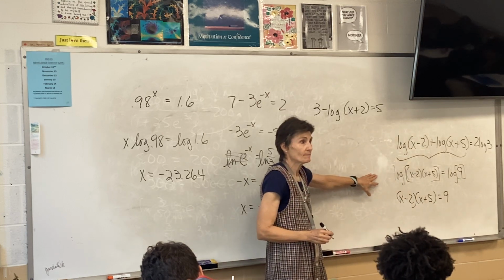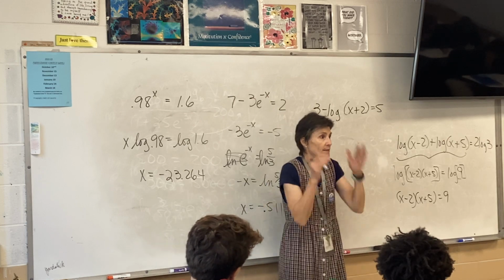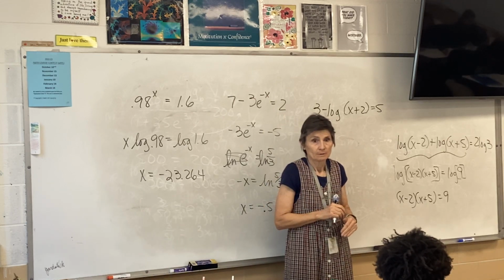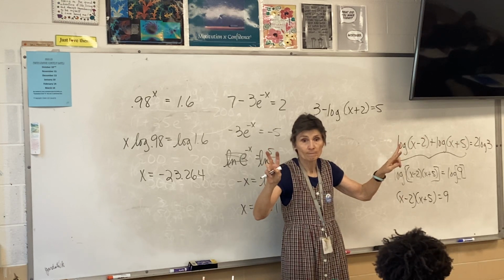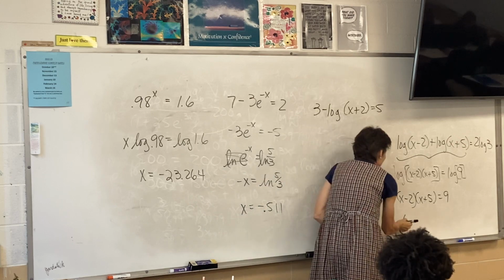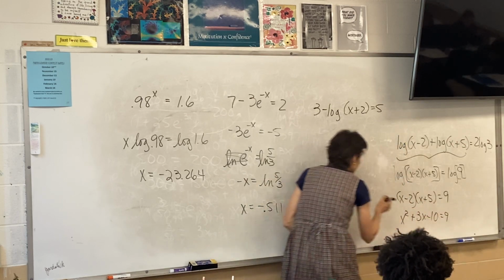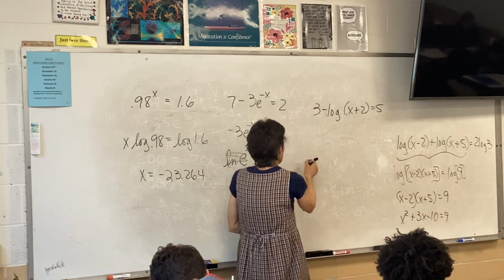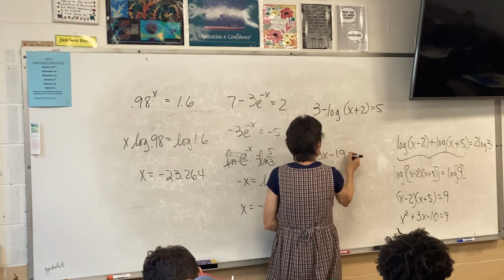Everyone following along? You can't do that until it's log equals log. As soon as it is, get rid of those logarithms, don't need them anymore. So x squared plus 3x minus 10 equals 9. Is that right? So I'm getting x squared, oh Lord, minus 19.